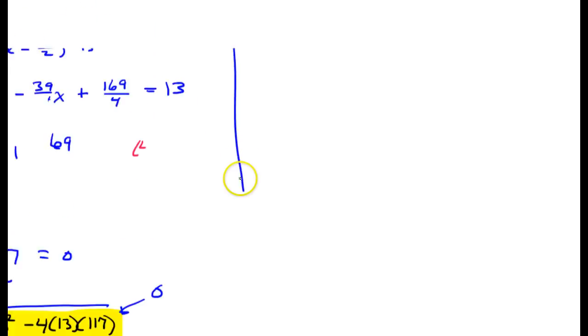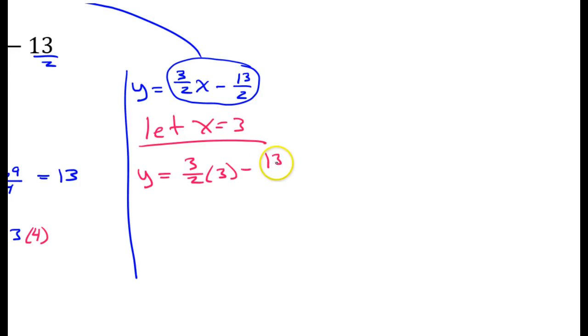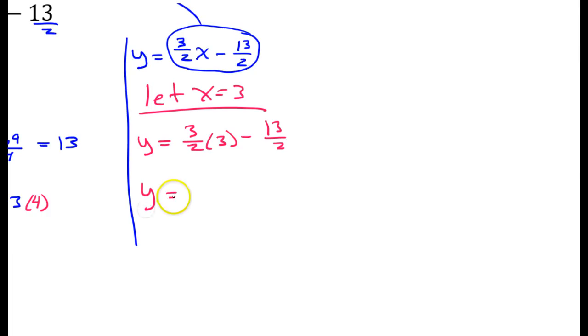So the way I'm going to get that y value is by using the other equation. So let's let x equal 3. In other words, we're substituting 3 in for x. In that case, y is equal to 3 over 2 times 3 minus 13 over 2. So y will equal, well, let's see.